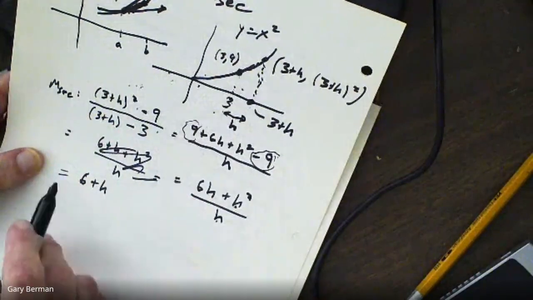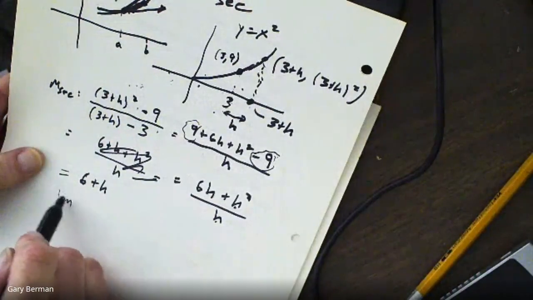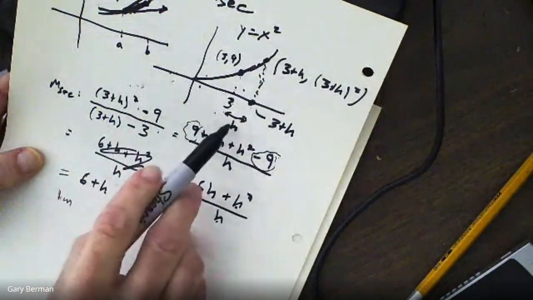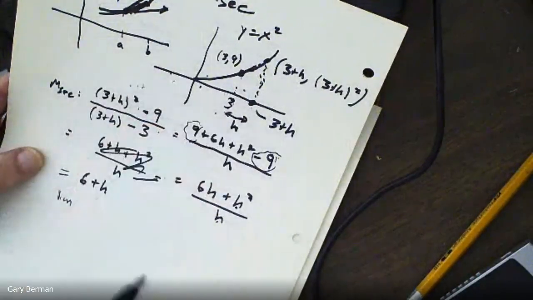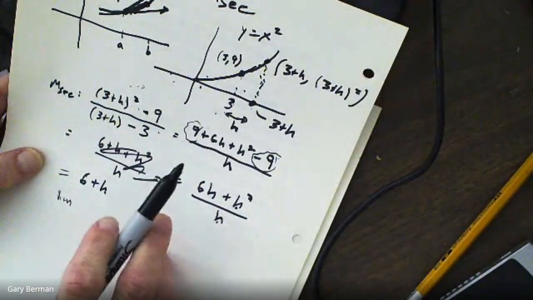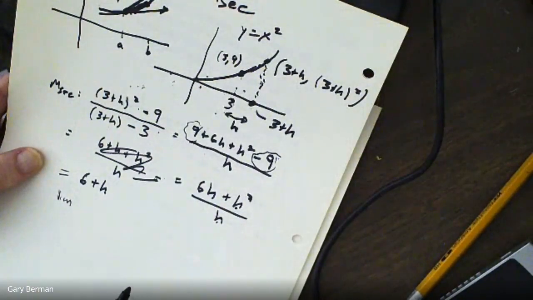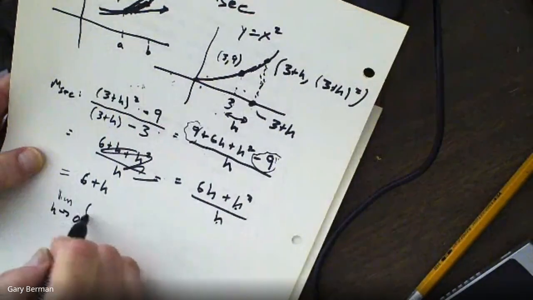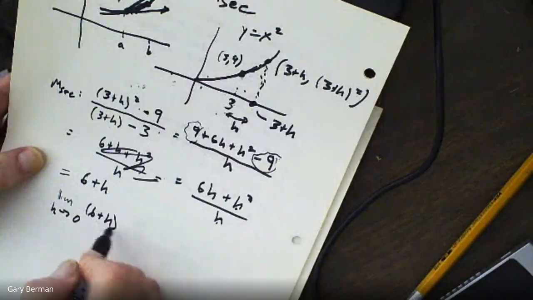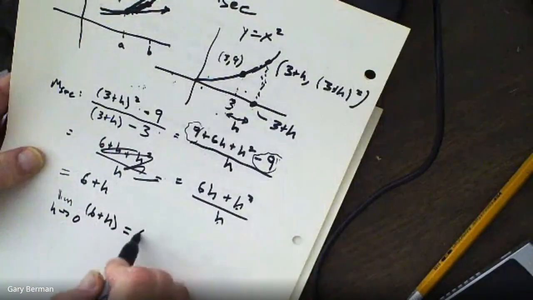And we said, conceptually, if I let h shrink down to 0, the secant line would now be on top of the tangent line. So the slope of the secant would equal the slope of the tangent. In other words, I'm asking for the limit as h goes to 0 of 6 plus h, which is 6.